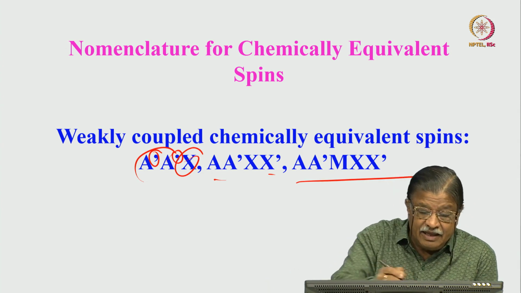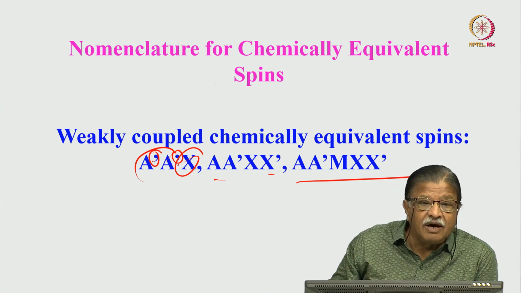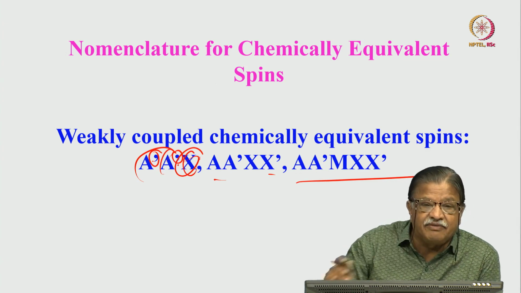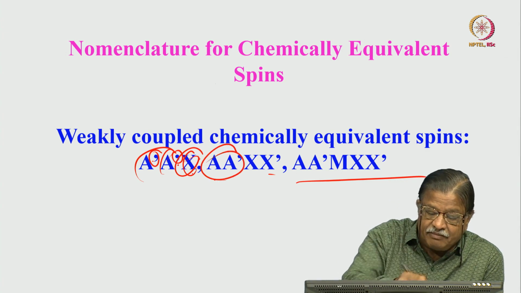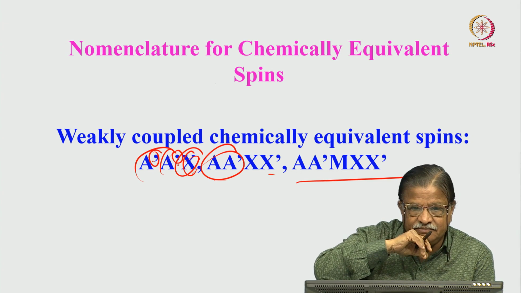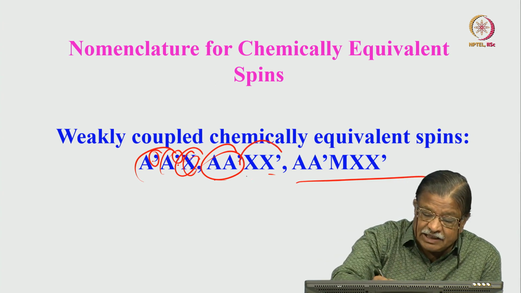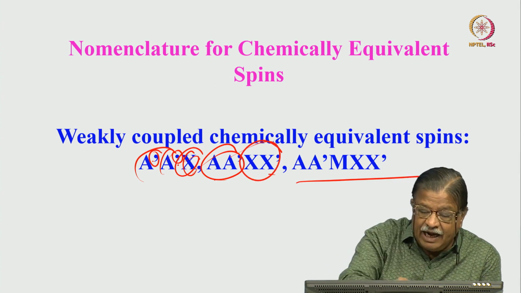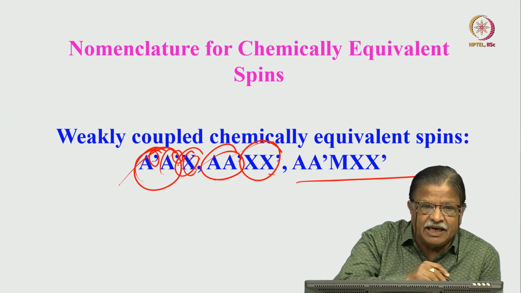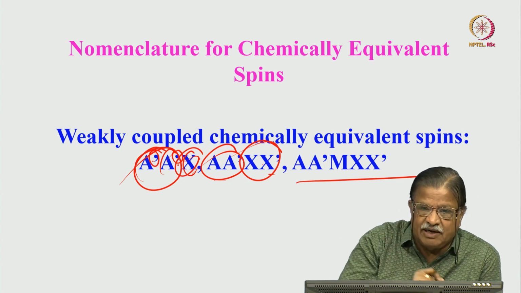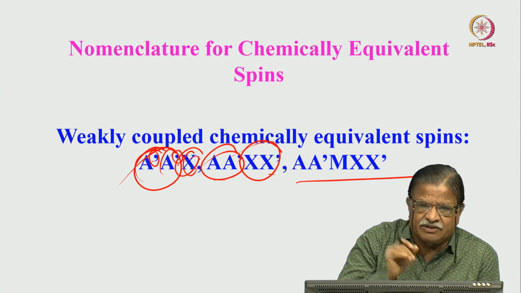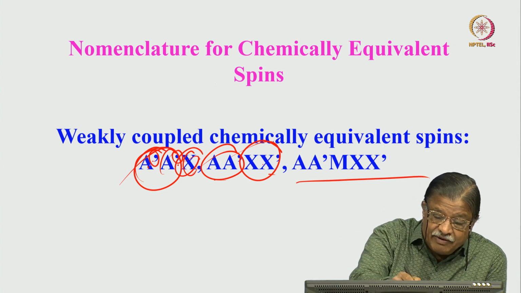Remember, A prime X: the A prime spins are strongly coupled among themselves, and A prime and X are weakly coupled. Between the A prime spins they are chemically equivalent, X prime spins are chemically equivalent, and A and X are weakly coupled. Understand the logic. A prime X means A and A prime are chemically equivalent spins; between them they are strongly coupled, but each of them is weakly coupled to the X spin.